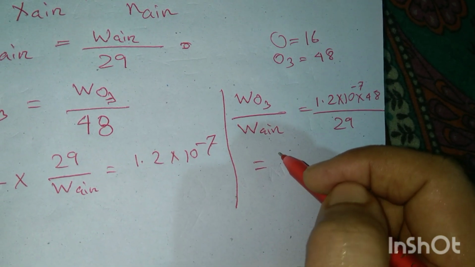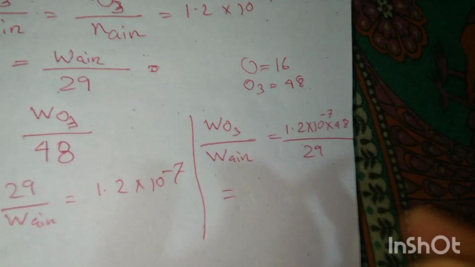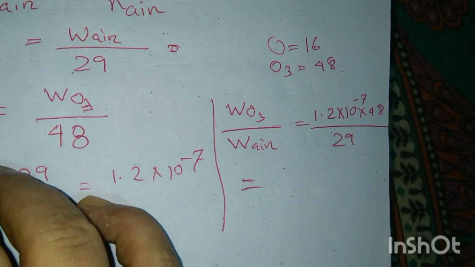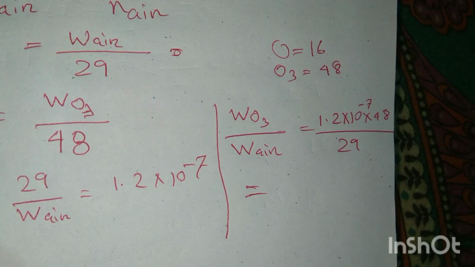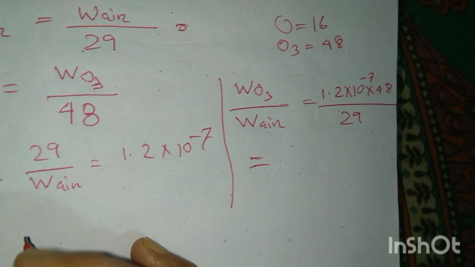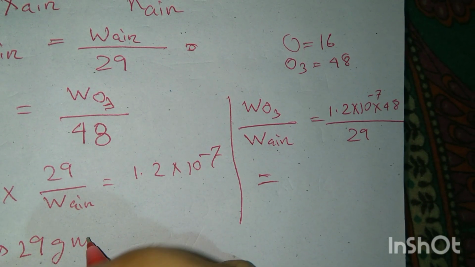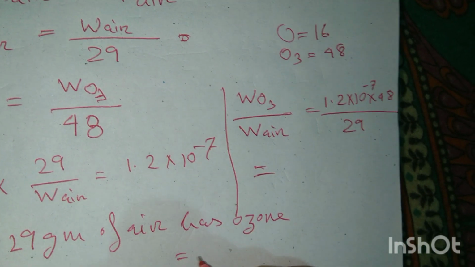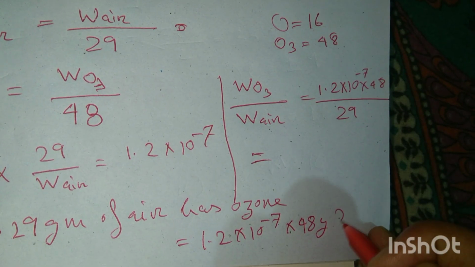So we can say 29 gram of air has ozone equal to 1.2 into 10 to the power minus 7 into 48 gram O3.